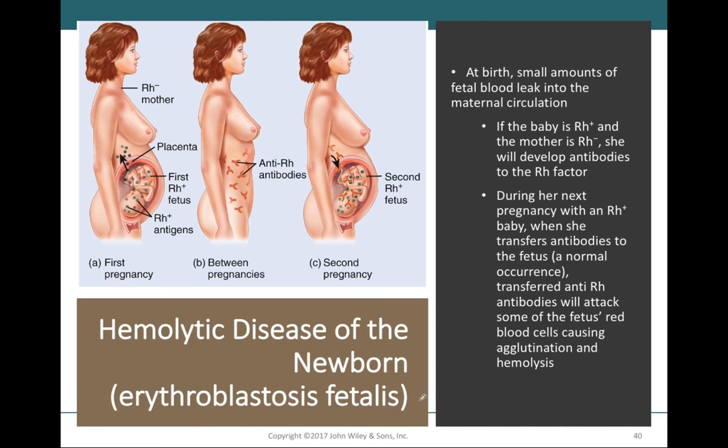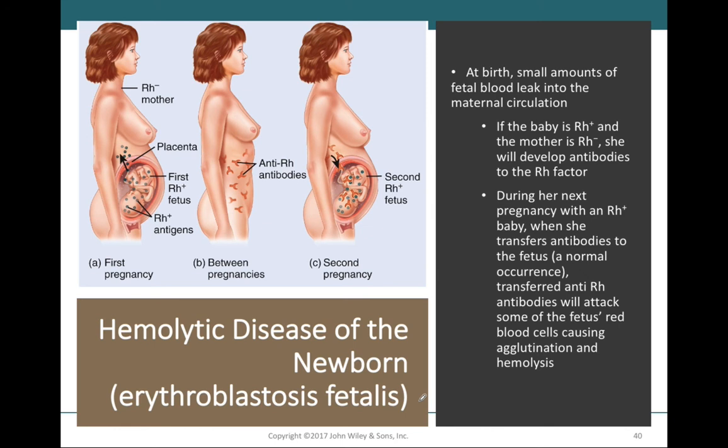Normally, fetal blood enters into the mother's circulation. Now, it's very possible that a baby can be Rh positive while the mother might be Rh negative. So even though the mother is Rh negative, she wouldn't have normally had these Rh antibodies in her blood. However, once the baby's blood leaks into the maternal circulation, that exposes the mother and leads to the formation of the Rh antibodies.